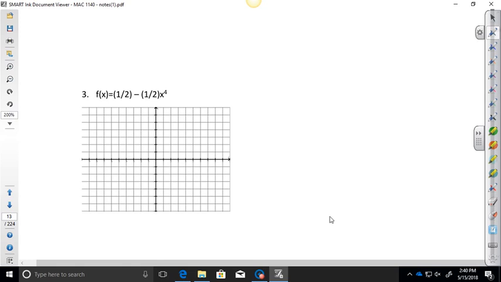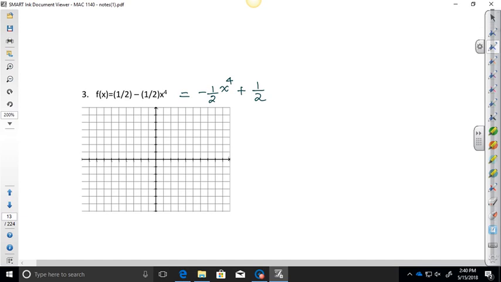If I write it in standard form, meaning decreasing order of degrees, this is how the function looks. If I put the highest degree term first, that's what the function is.